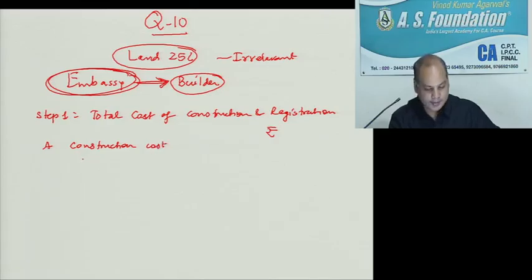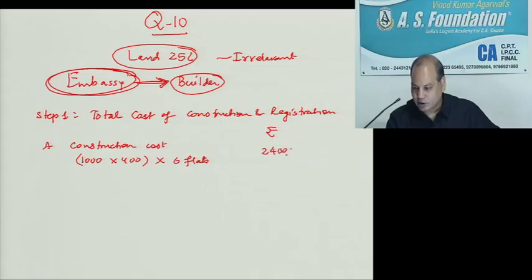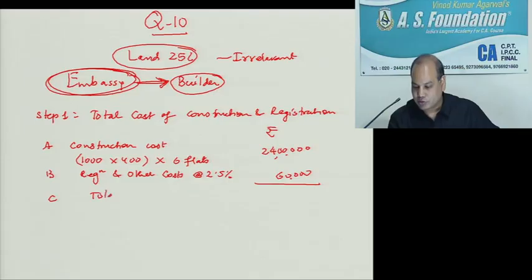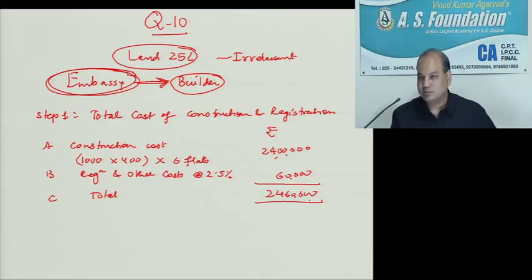So construction cost is 1000 into 400 into 6 flats, which is 24 lakh. And registration and other cost at the rate of 2.5% is 60,000. So from the 6 flats point of view, your total cost will be 24 lakh 60,000.